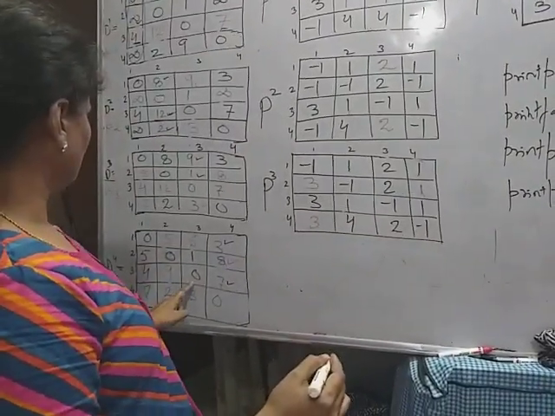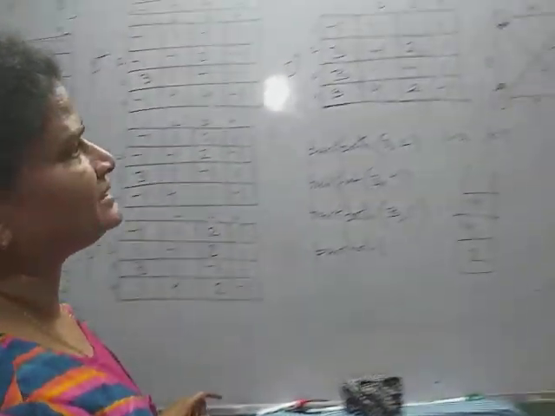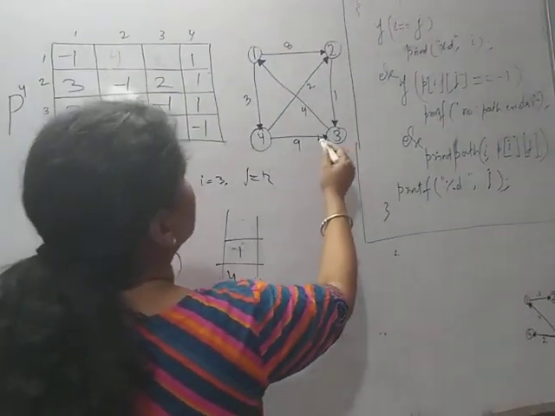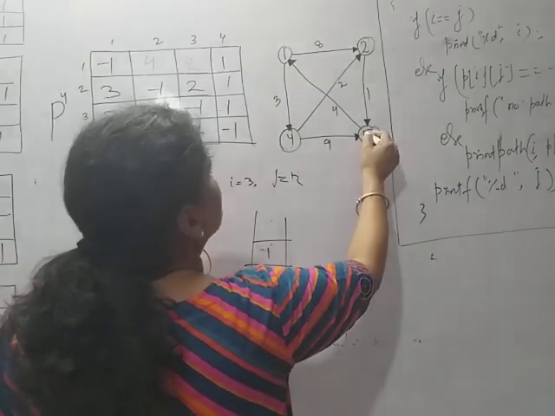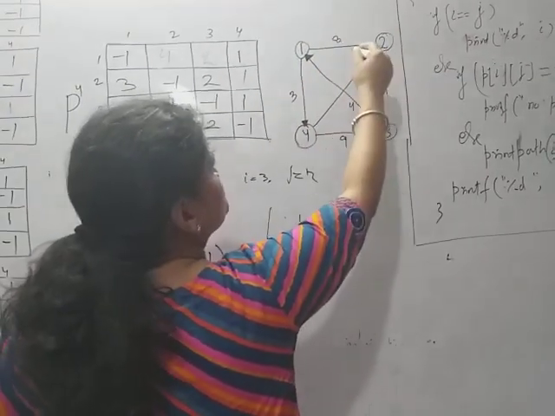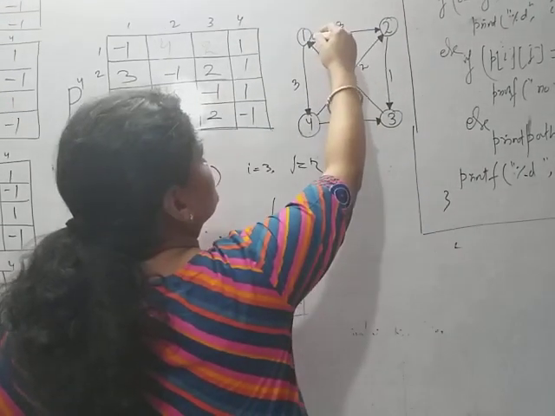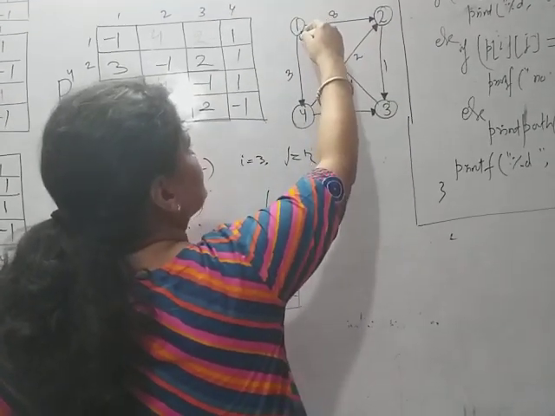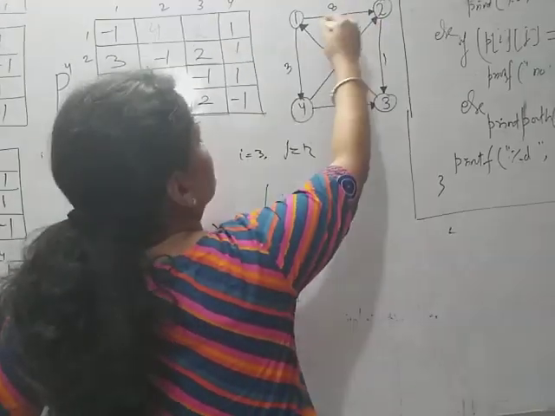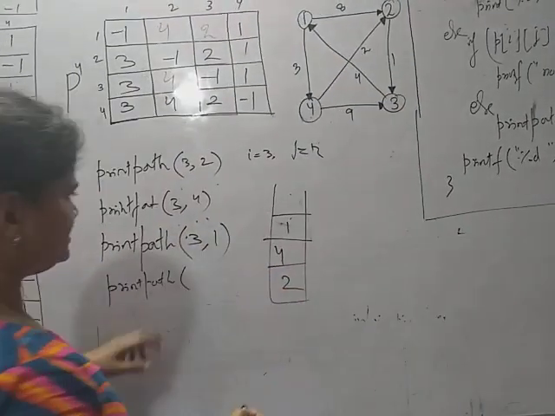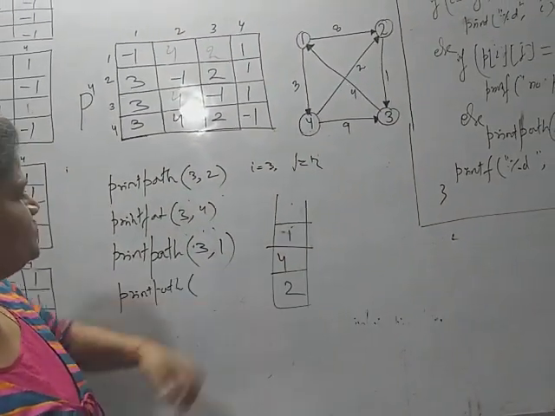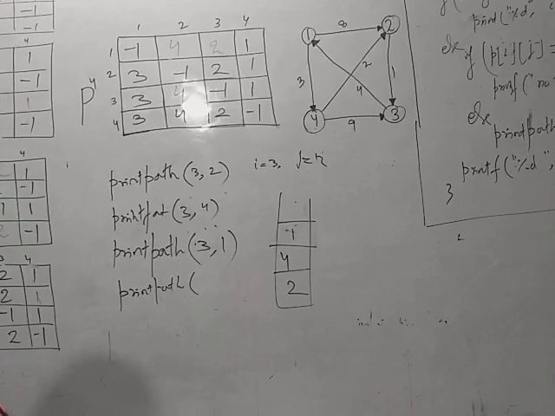The shortest path from 3 to 2 is 4, and this one. Okay, yes, it is correct: 3, 2, 4, 3, 1.